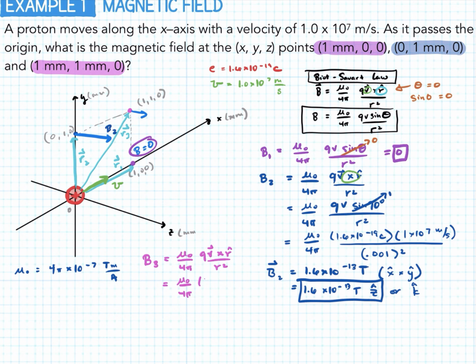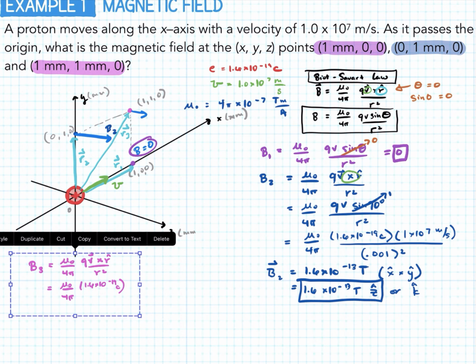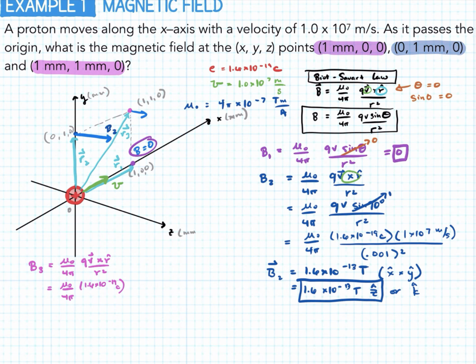We still have the same Q, 1.6 times 10 to the negative 19 coulombs. Oh, we're running out of space. V is 1 times 10 to the 7th meters per second.